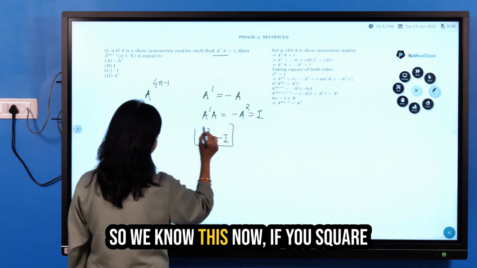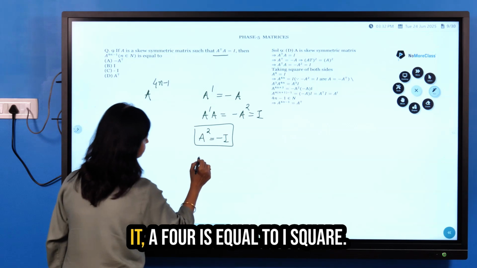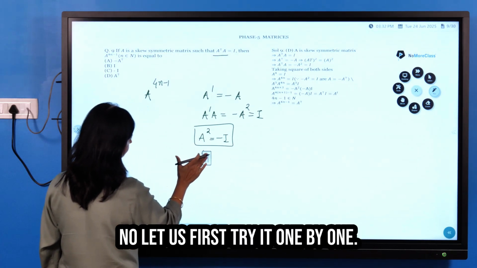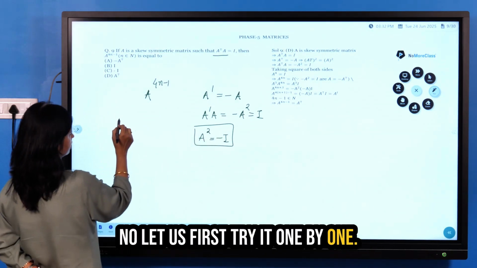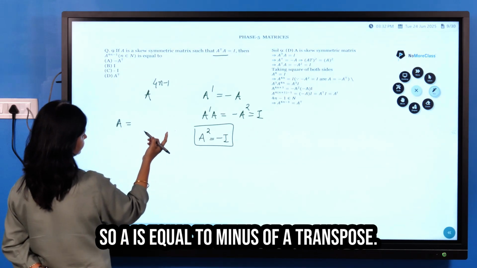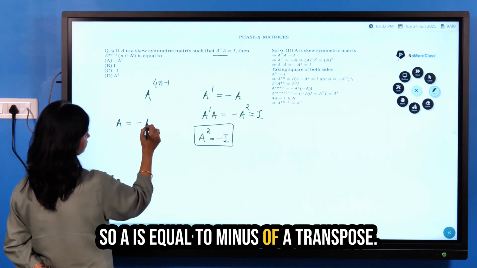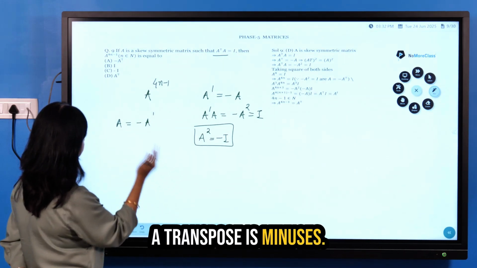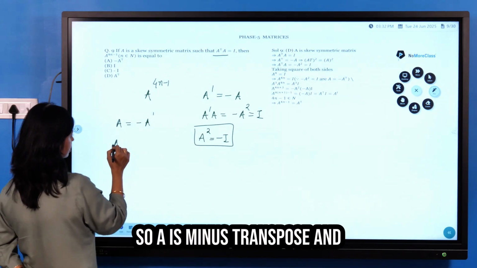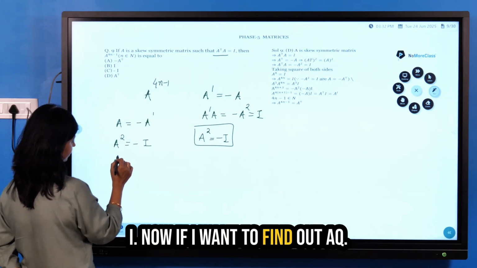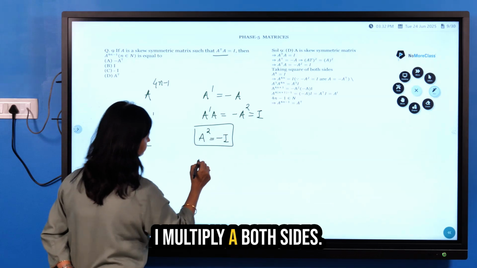So we know this. Now if you square it, A4 is equal to I square. Okay, no. Let us first try it one by one. So A is equal to minus of A transpose. A transpose is minus A, so A is minus transpose. And A squared is equal to minus I. Now, if I want to find out A cube, I multiply A both sides.